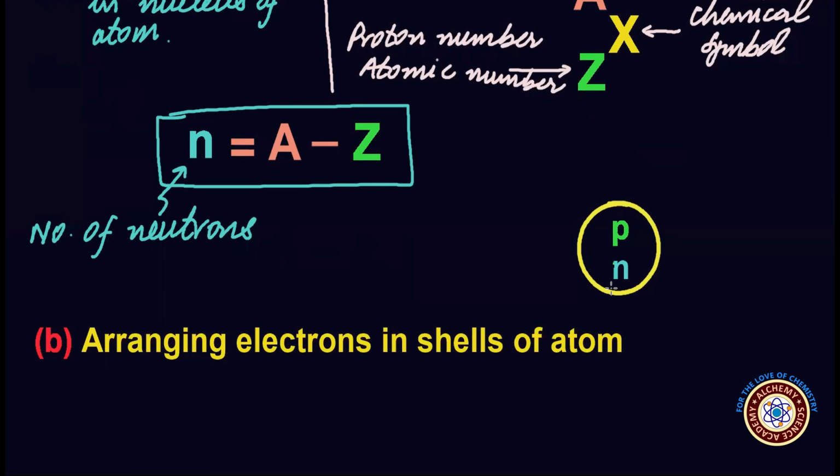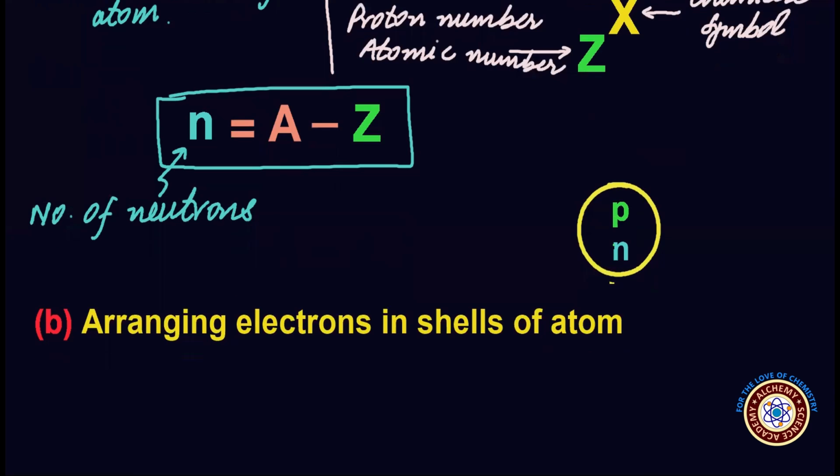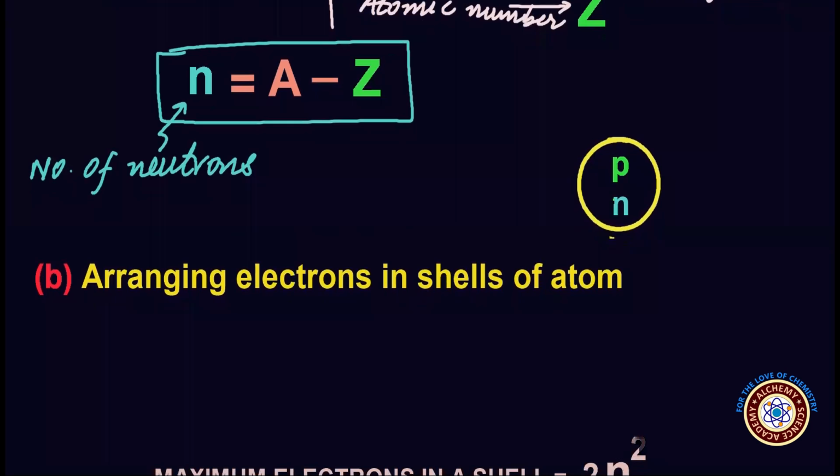After having drawn the nucleus of an atom, now let us move on to the arrangement of electrons in energy levels of an atom. Electrons are the subatomic particles which are found orbiting the nucleus of an atom in shells with discrete energy, much like the planets orbit the sun, but at very high velocity.